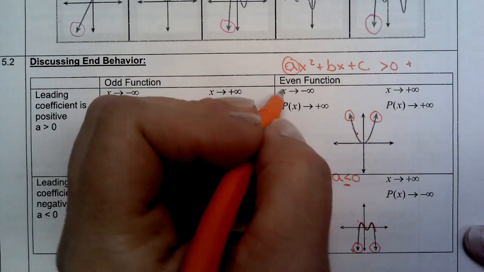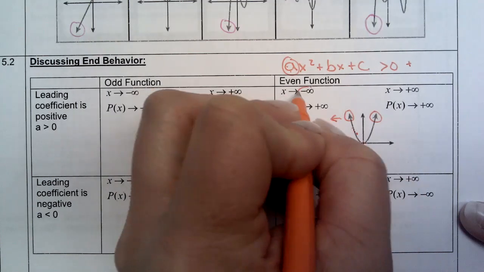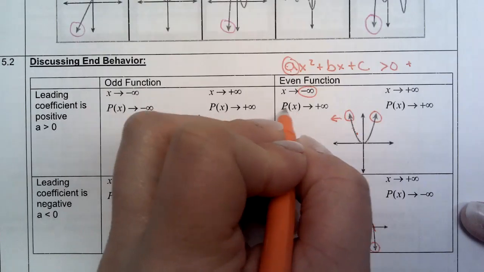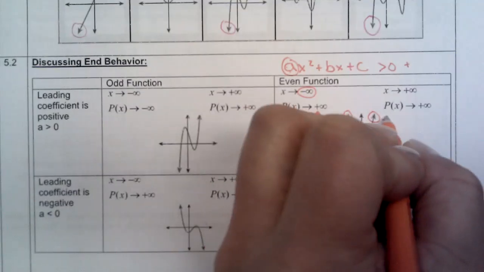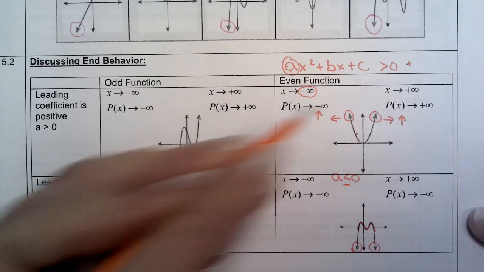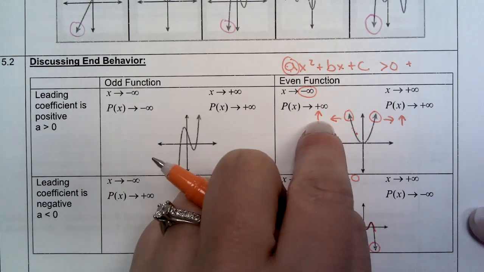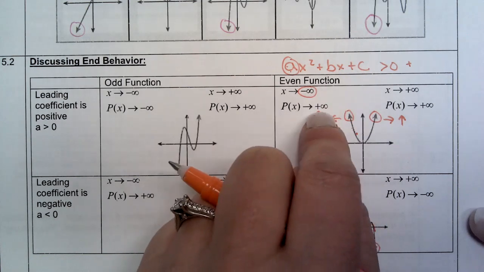So what that means is as x goes this way, that's what this is saying, our y value, in this case p of x, goes up. As x goes this way, our y value goes up. So as x approaches negative infinity, our y value goes up and up and up towards positive infinity.